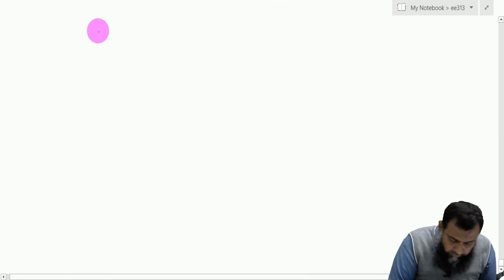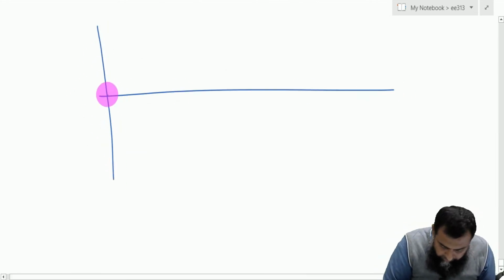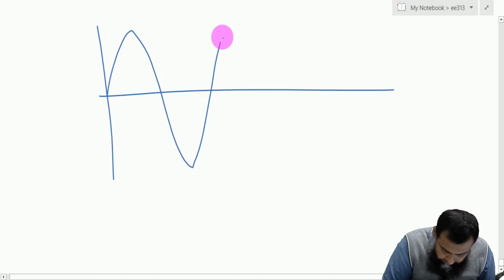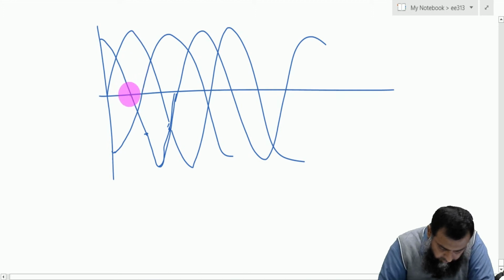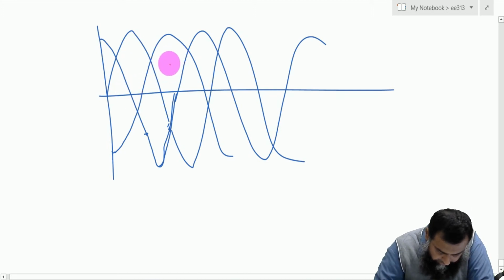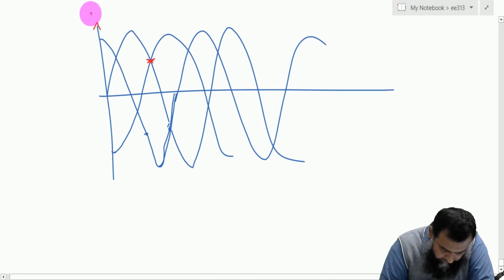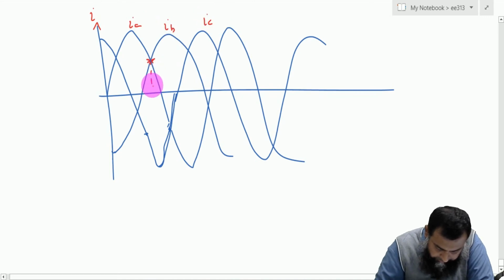So if we have a three-phase system, let us examine this particular set of three waveforms. These are the currents for phase A, IA, IB and IC. Let us examine it at this omega t.